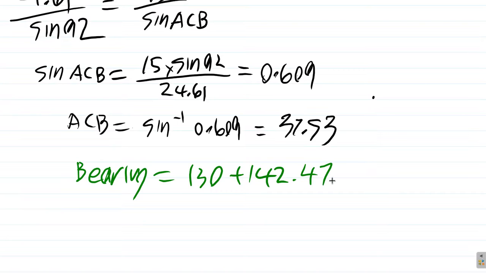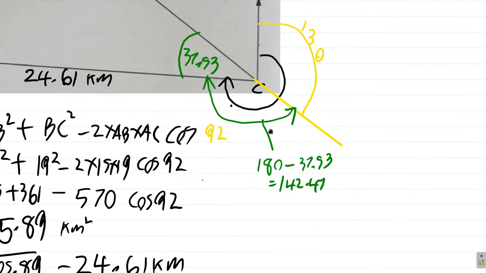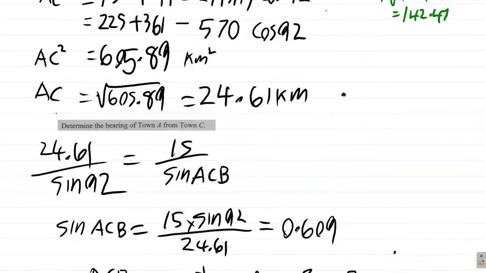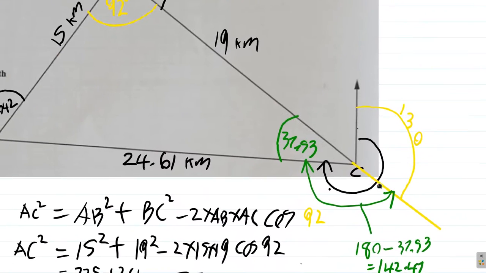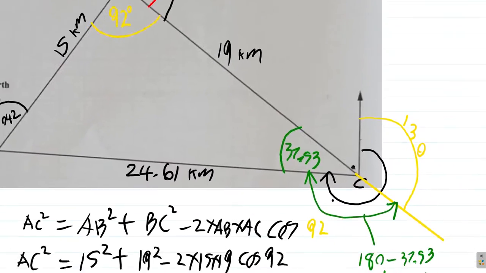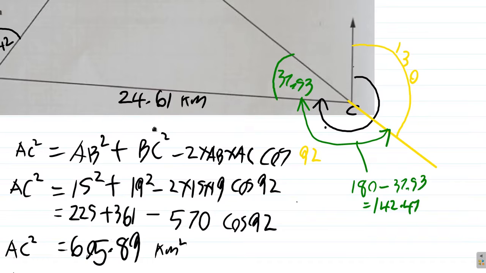Remember though, in the exam you would write out these things line by line. You wouldn't just put it up here. This calculation, you would put it on a line here, and you would put D here and say angle ACD equals, and you write it separately.